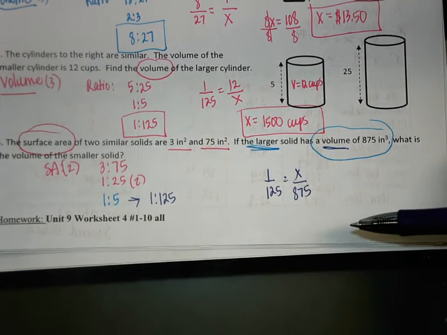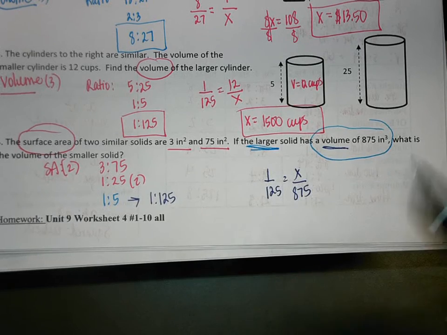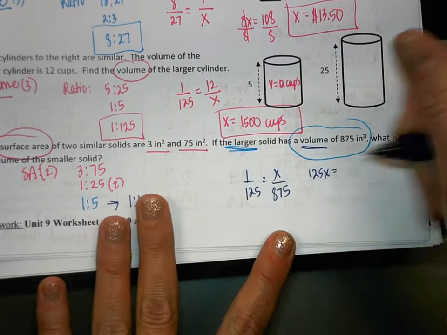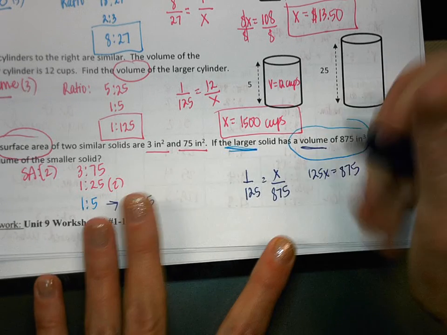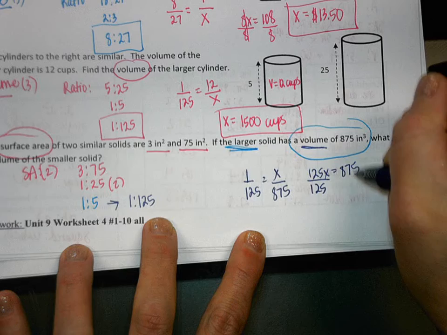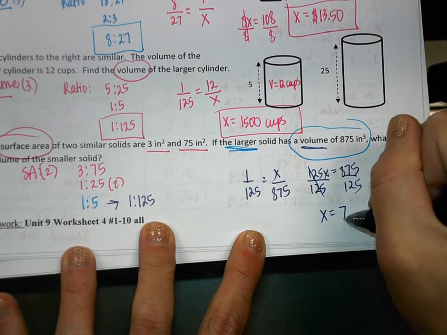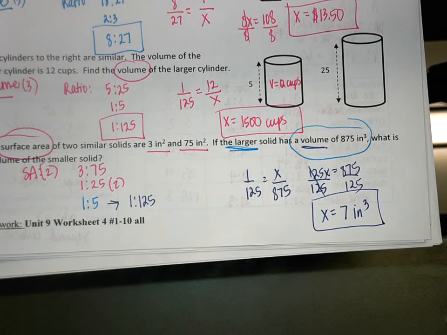It gave me the volume of the larger one, so I need those to match up. Okay? So we cross multiply, and I have 125x, and 1 times 875 is 875. Next, I do what? Divide by 125 to both sides, and I get x equals 7 inches cubed, the volume of the smaller one.